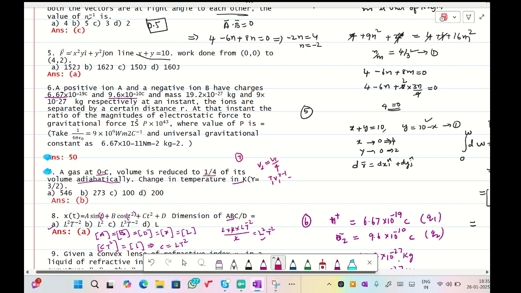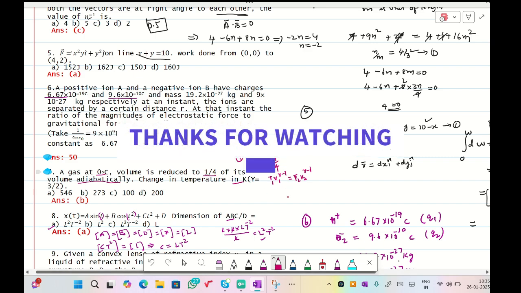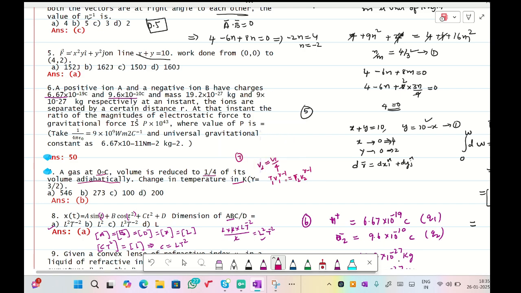T1 V1 power gamma minus 1 is equal to T2 V2 power gamma minus 1. This is the formula, and with it you will get the answer. P V power gamma is constant in an adiabatic process, T V power gamma minus 1 is constant, and T power gamma with P power 1 minus gamma is also constant. From the ideal gas equation we get those relations. Maybe tomorrow they will ask work done in an adiabatic process like that.